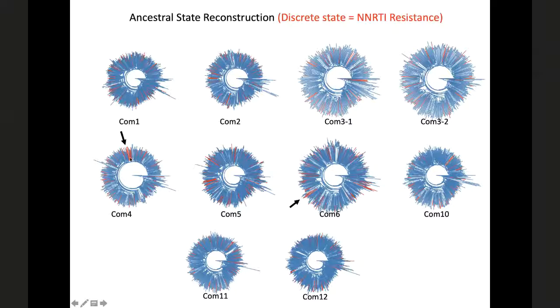So again, an ancestral state reconstruction where we're trying to determine the likely state, resistant or not, resistant is shown in red, not resistant is shown in blue, of the ancestors of the sequences that we've sampled. And you do see one or two patches within certain communities where there appear to be clusters, perhaps another one there, of resistant virus.